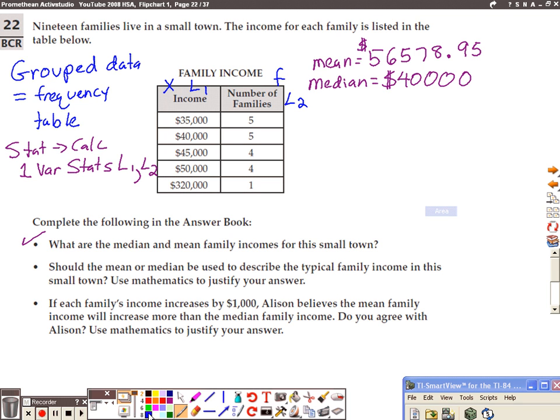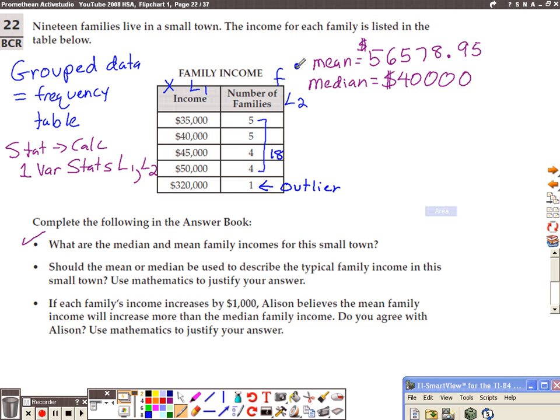When we look carefully at the table, we notice that of our 19 families, 18 of them have incomes between $35,000 and $50,000. There's one family that has a much higher income. We call this point an outlier because it's much, much higher, or it could be much, much lower, but in this situation it's much, much higher than all of our other data points.